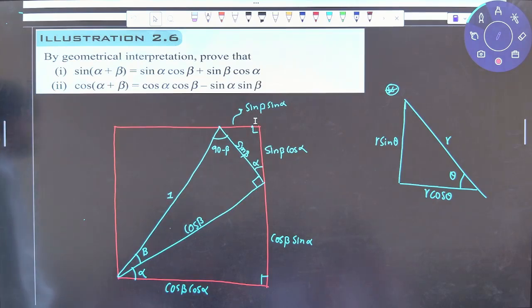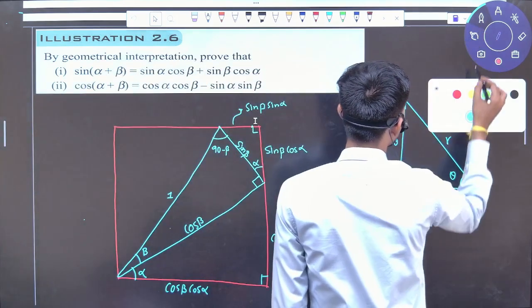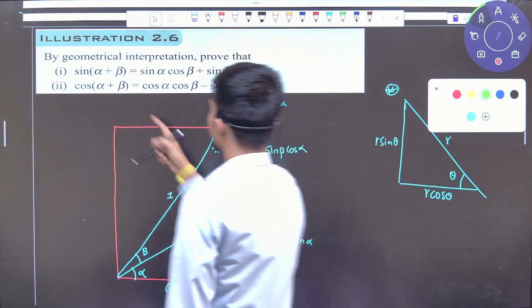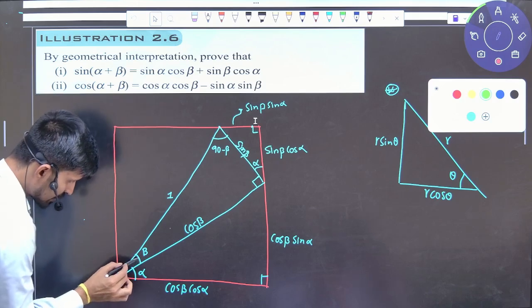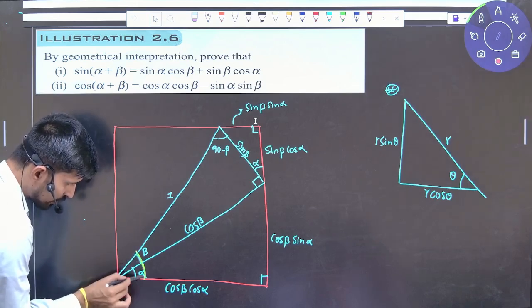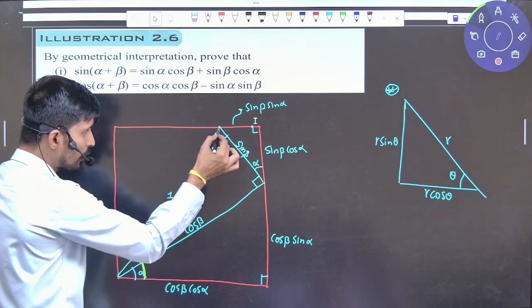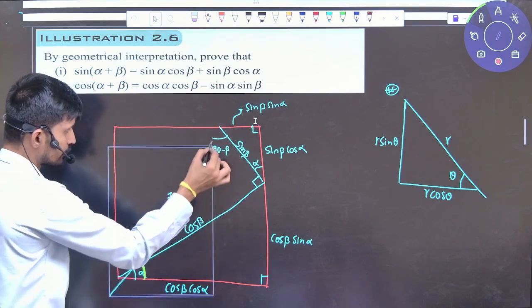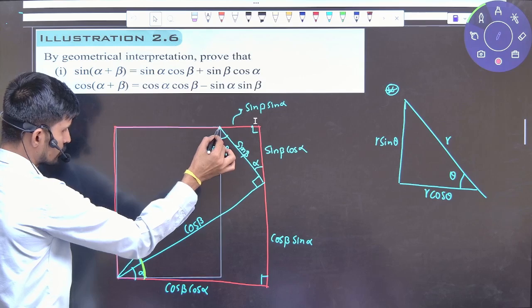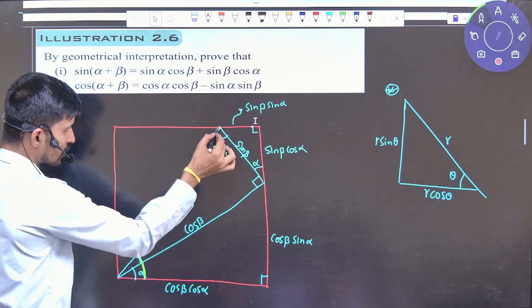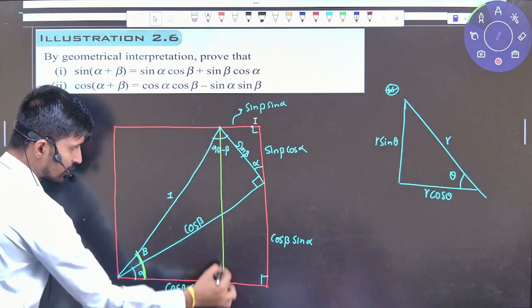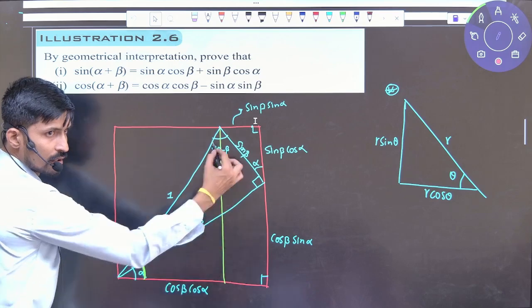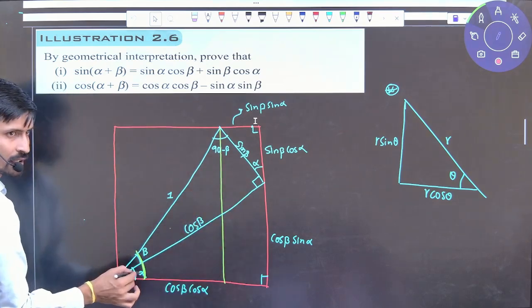Understood? No problem. Now what we have to find is sin(alpha plus beta). So where is the angle alpha plus beta? This total angle is alpha plus beta or not? If I drop a perpendicular from here, in this triangle, what will be sin(alpha plus beta)?